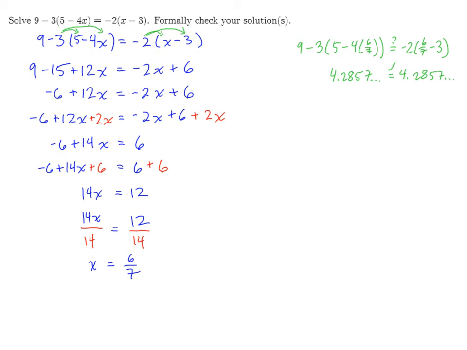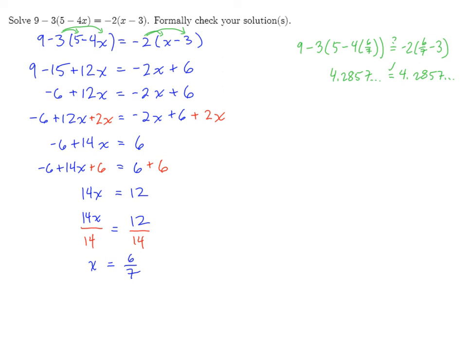Coming back to my main screen here, I've input what I had written on that other page, which is 9 minus 3 times the quantity 5 minus 4 times 6/7, and I'm checking if that's equal to negative 2 times the quantity 6/7 minus 3. Below that, since I did this in a calculator and just looked at those exact decimal approximations there, I have 4.2857 continuing, showing that that's not a terminating decimal, equal to 4.2857 continuing.